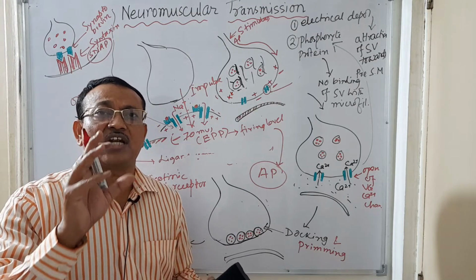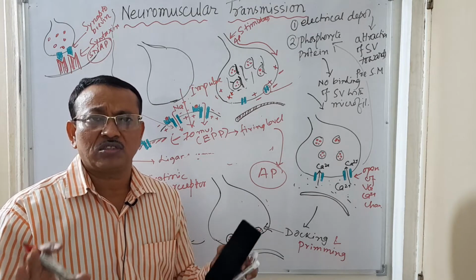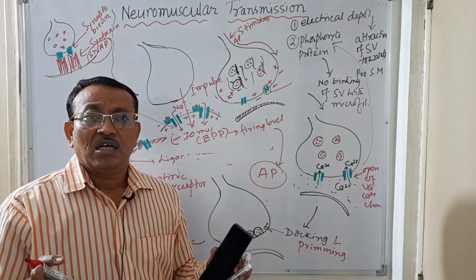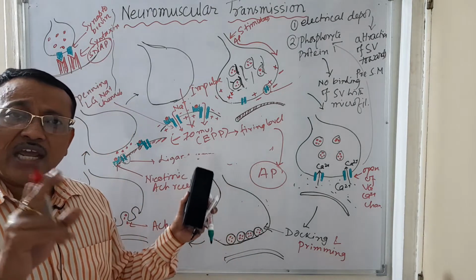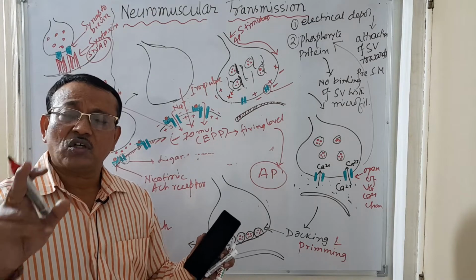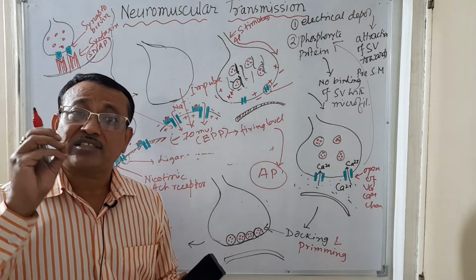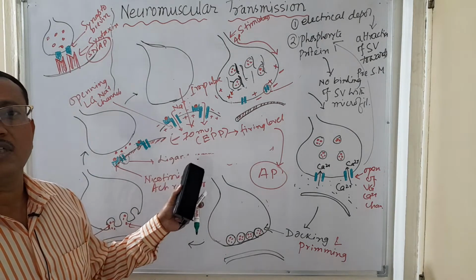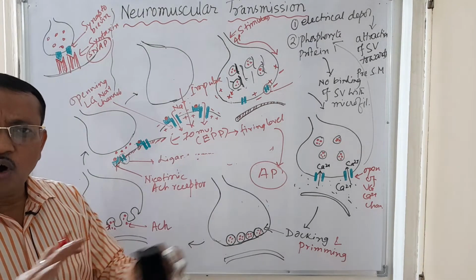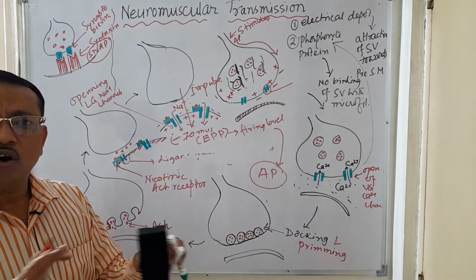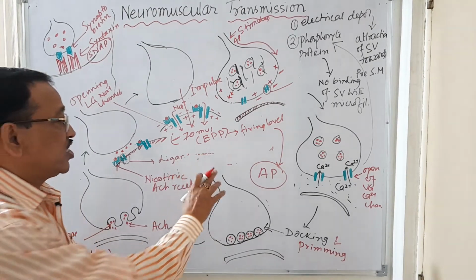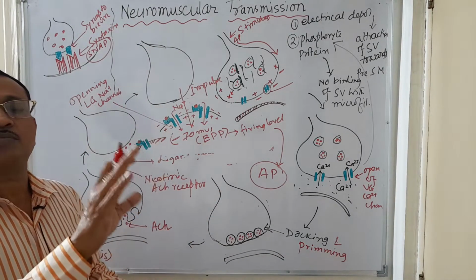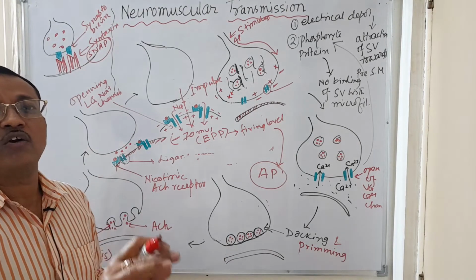But in reality, 10 times 10, that means 100 acetylcholine molecules, will be released because of the stimulation, so that there is no failure of initiation of muscle contraction in response to neurotransmitter release.